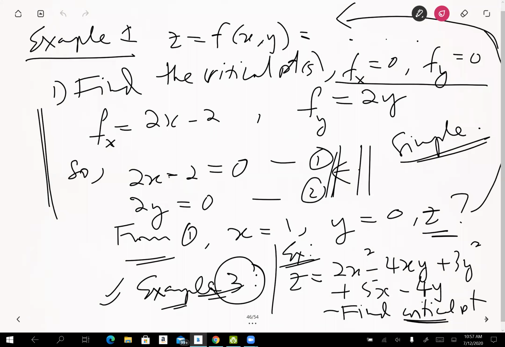Now, for this example 1, what function? You remember the function?